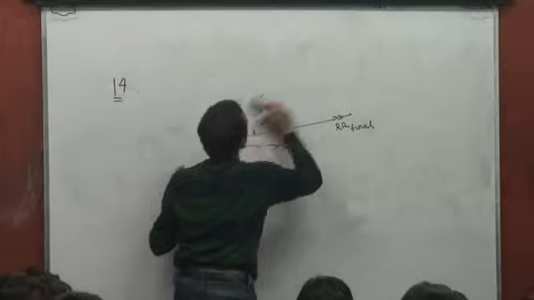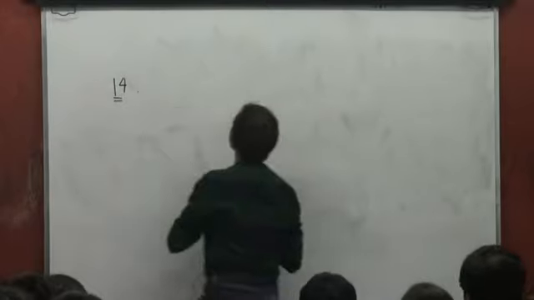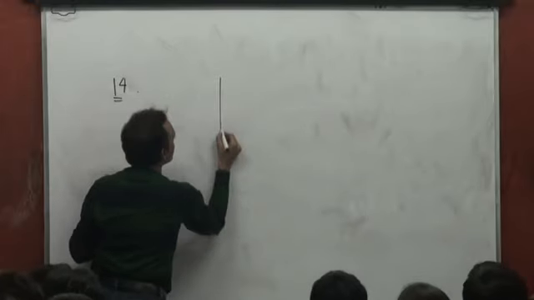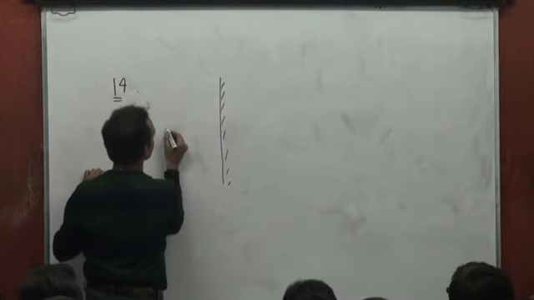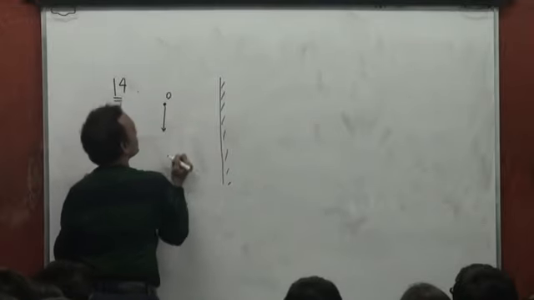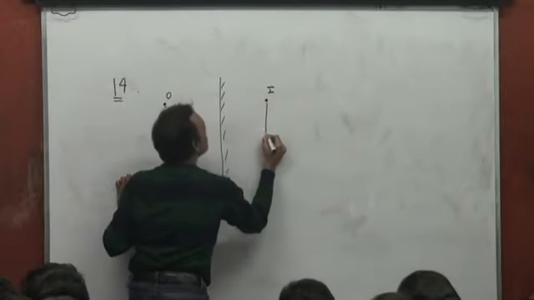Now the implication of this is, see, if this is a mirror and an object moves like this, then its image would move like this.